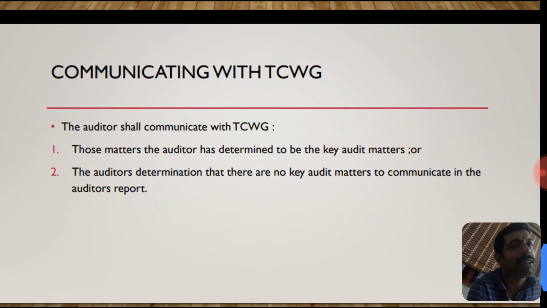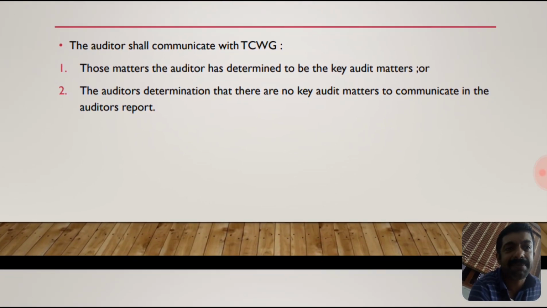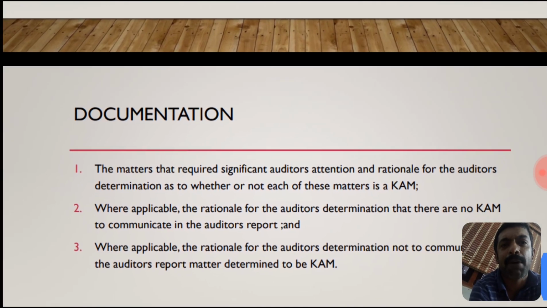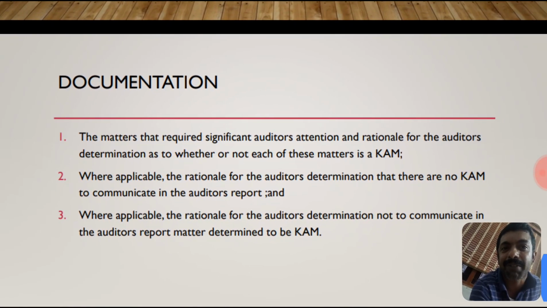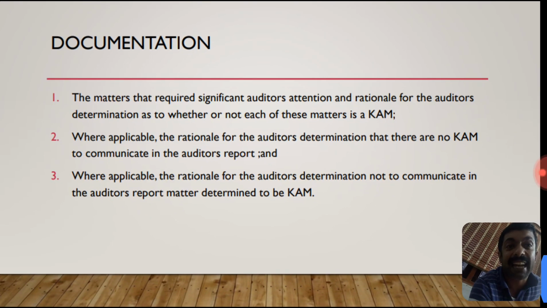Communicating with those charged with governance. The auditor shall communicate those matters that the auditor has determined to be key audit matters, which are intended to be communicated through the auditor's report, to those charged with governance. The matters that require significant auditor attention are documented.